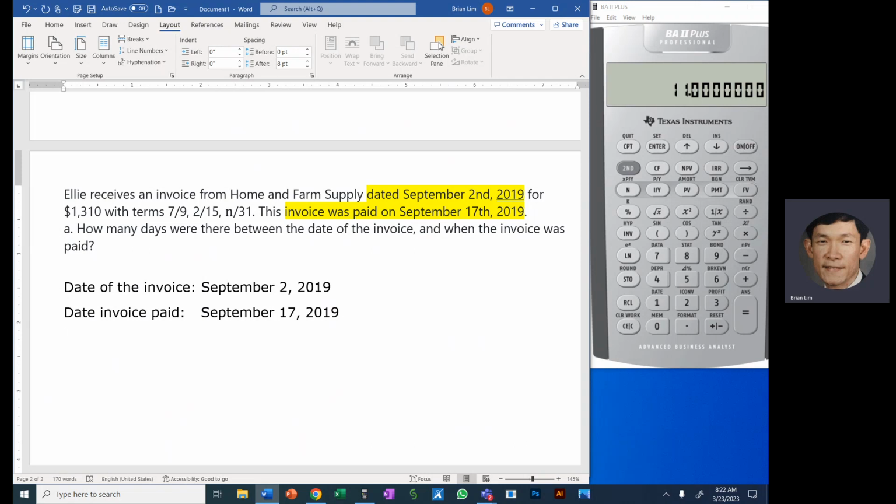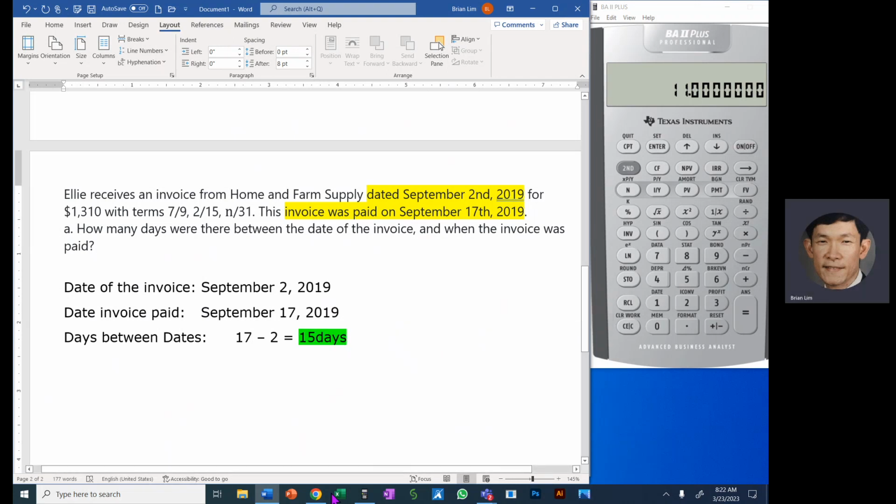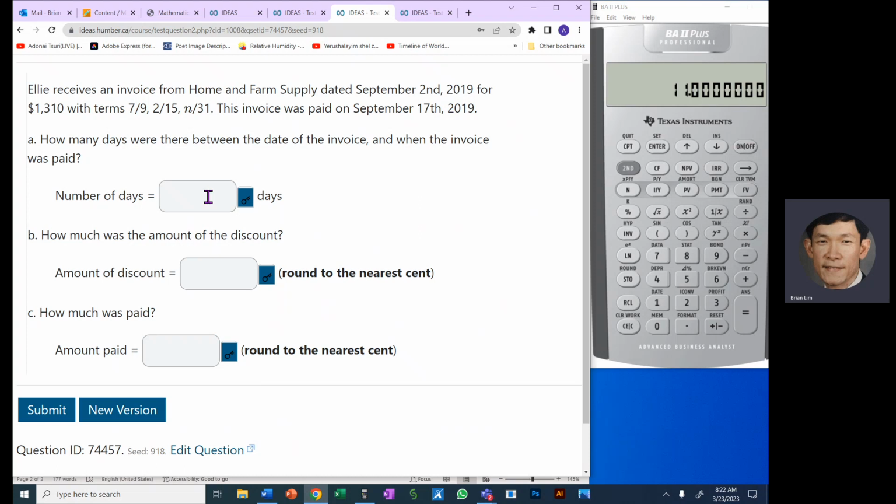We take the same month, so we go 17 minus 2, which is equal to 15 days, all right? So 15 days would be the answer for this part here. We can highlight it if we wish. We could go back to the question now and put in 15 days.